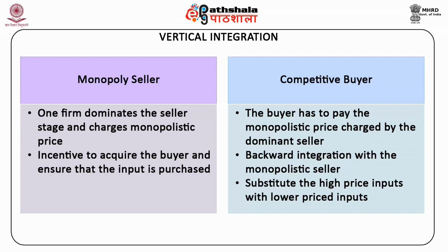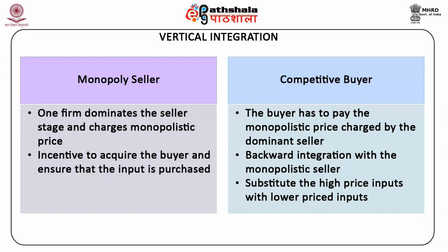One clear option with some incentive available to the buyers in this case is backward integration with the monopolistic seller, provided the cost levels close to the incumbent are achieved.